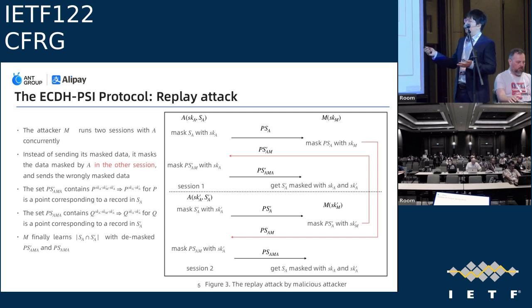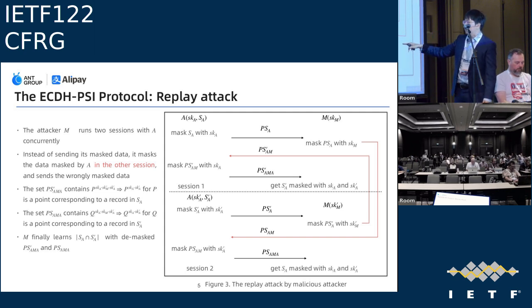That means in session 1, the attacker can finally obtain the set PSAMA prime, which contains points P masked by SKA and SKA prime, where P is a point corresponding to a record in the session 1 set SA.